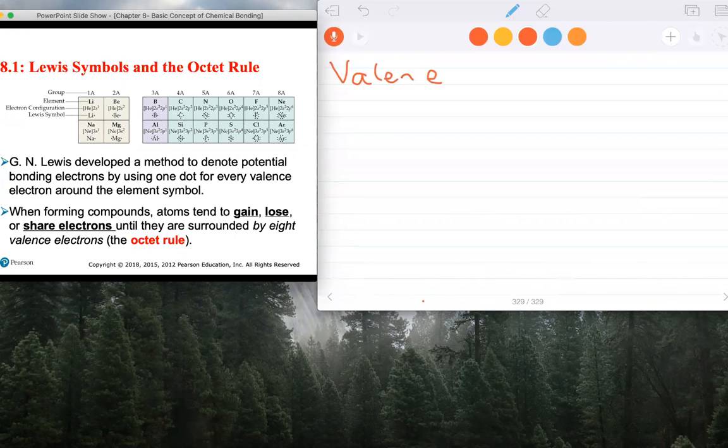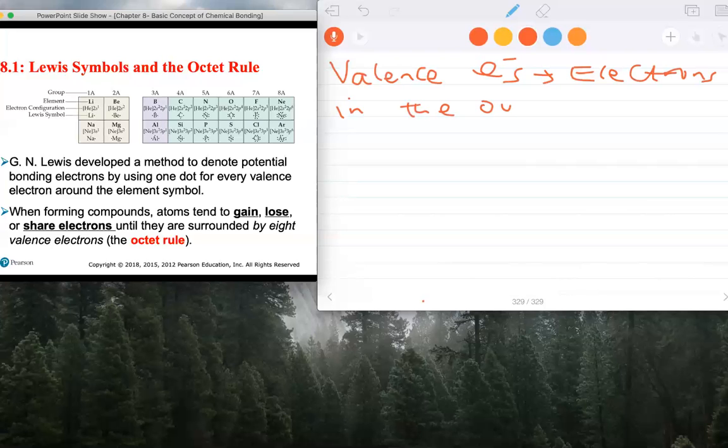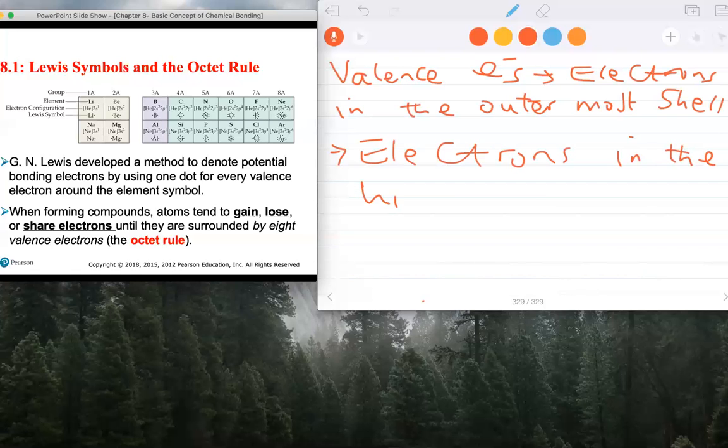Valence electrons. These are electrons in the outermost shell, or electrons in the highest energy level, or highest principal energy level.